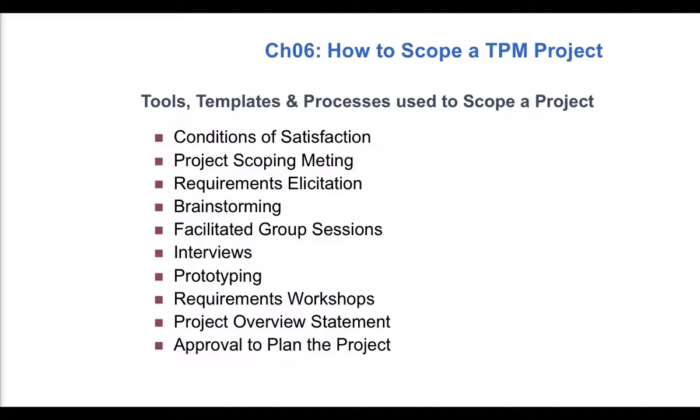You probably want to interview people about the topic. You may need to throw together some quick prototypes to see if that meets your understanding of the customer requirements. Maybe do requirement workshops, and you need to have a project overview statement.